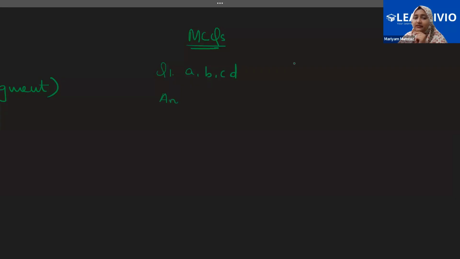If the answer for question number 1 is option A, then you just don't have to write A. You have to write whatever option is written in the A option. So apart from writing the A, B, C, D, you have to write whatever is written there. For example, the answer is photosynthesis. So you have to write A, photosynthesis, meaning option A, and what is given at option A? So photosynthesis is given. Clear? This is how you will be solving the MCQ questions.